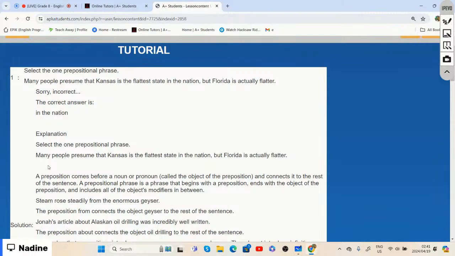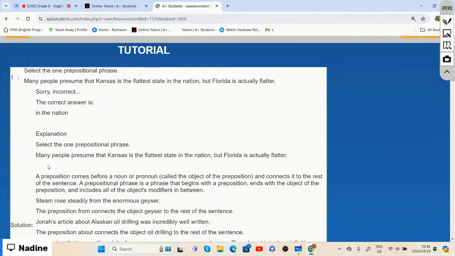Right? So this is basically the second set of the prepositional phrases. And we say the preposition comes before a noun or a pronoun, which we call an object of preposition, and it connects it to the rest of the sentence.